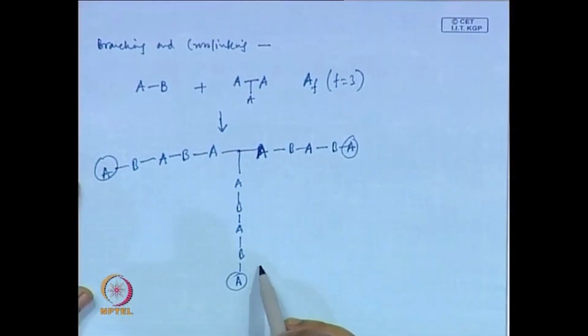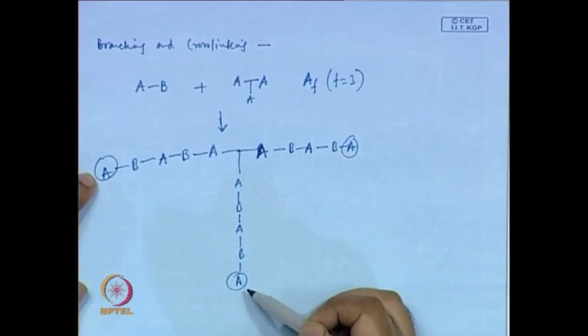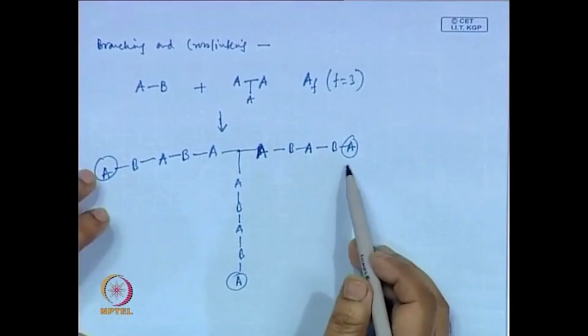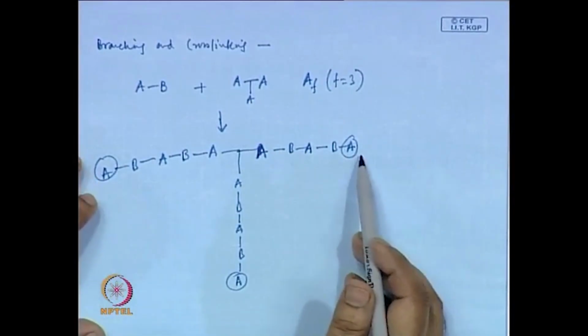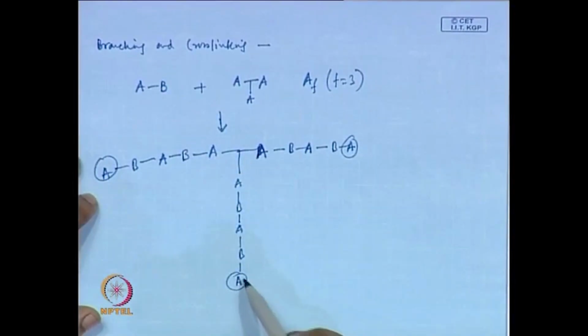So, you can understand that in this case the ends will always have a functional group of A, which cannot react with each other; the growing chain only reacts with the monomer. So, will this branch react with any other growing chain?